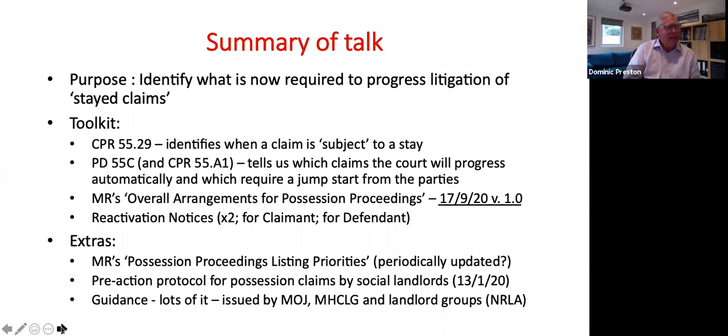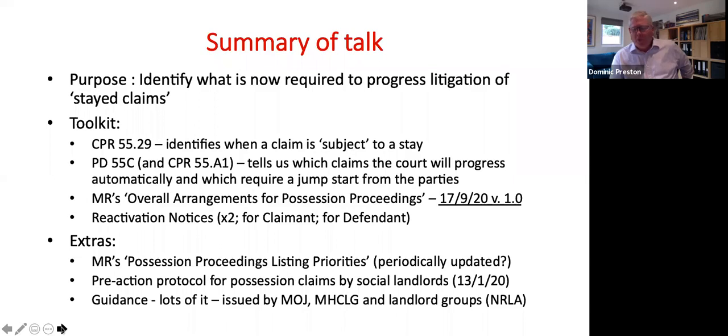You will, as Alice has said, want in the background the Master of the Rolls overall arrangements. We're on version 1. They only came out a few days ago, last week. The fact that they've called it version 1.0 suggests there'll be a few versions coming down the line.